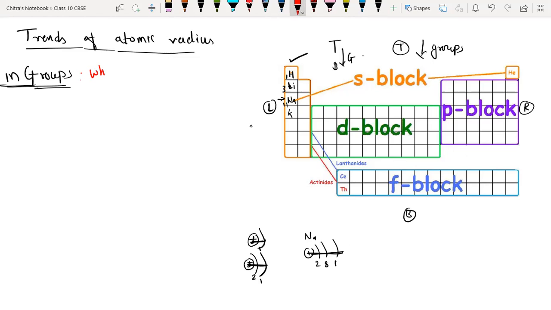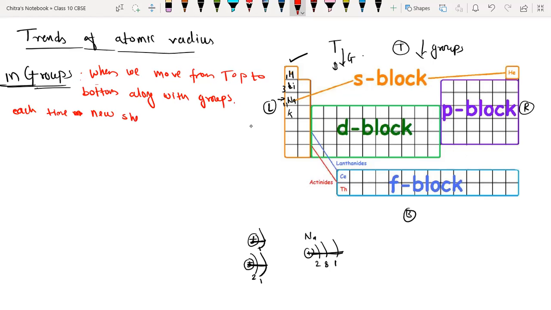So when we move from top to bottom, along the group, each time a new shell is added. Each time a new shell is added.